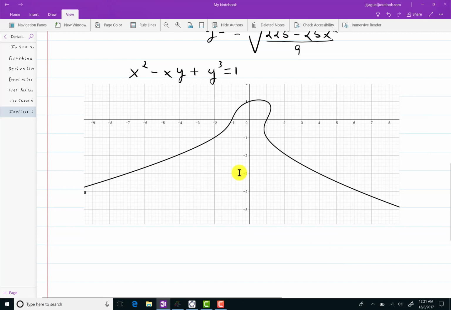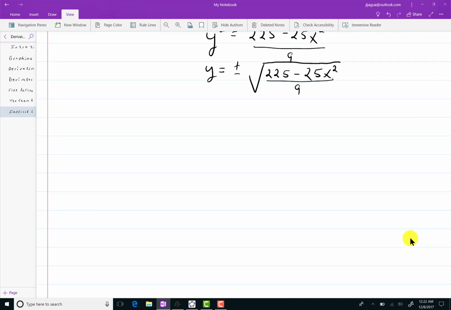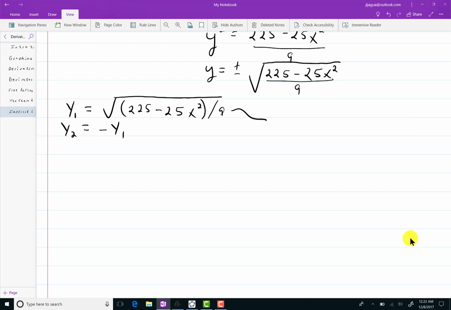What you would have to do in your calculator is enter one, and then for y2, you can press negative y1. This part here gives the top half, so that will give the top part of the ellipse, and the second one gives the bottom.